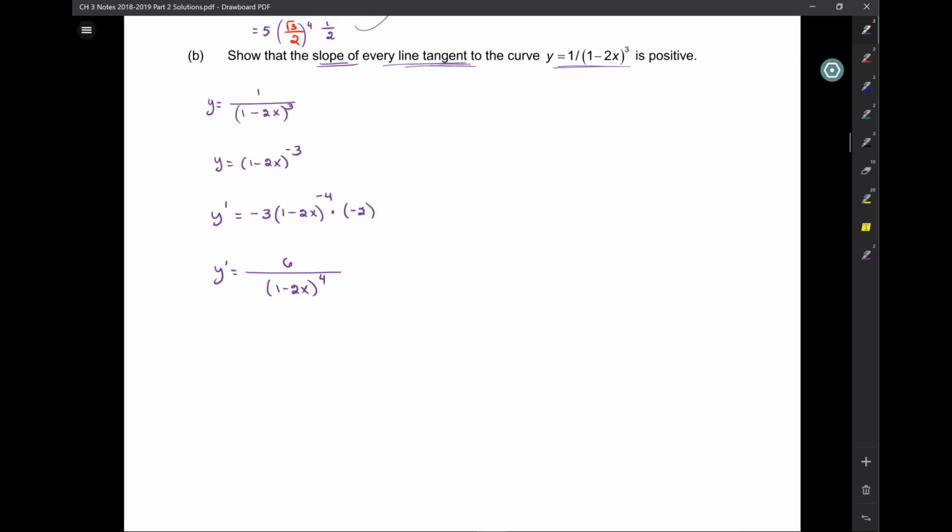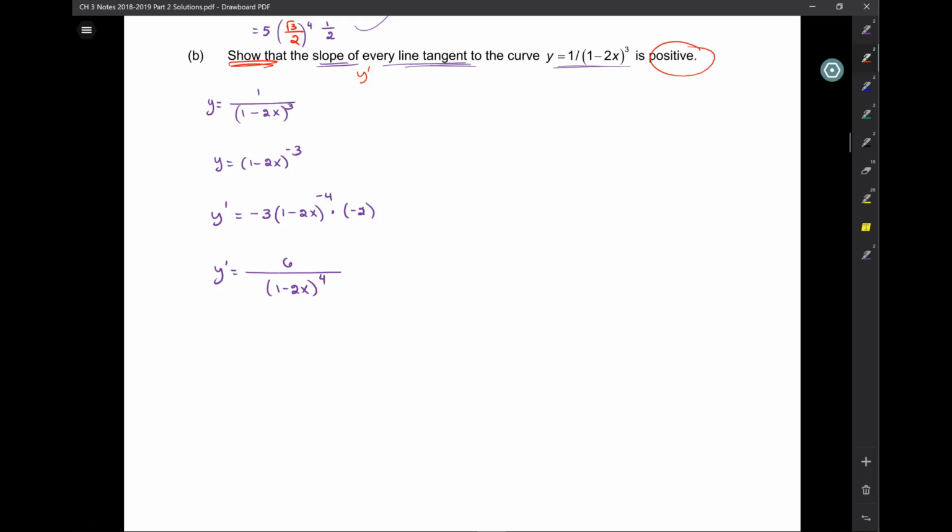Okay, so what was that problem asking again? Show that the slope, okay, I found the slope. So show that y prime is always positive. So where is y prime? Here. Right, it's because the exponent is 4.